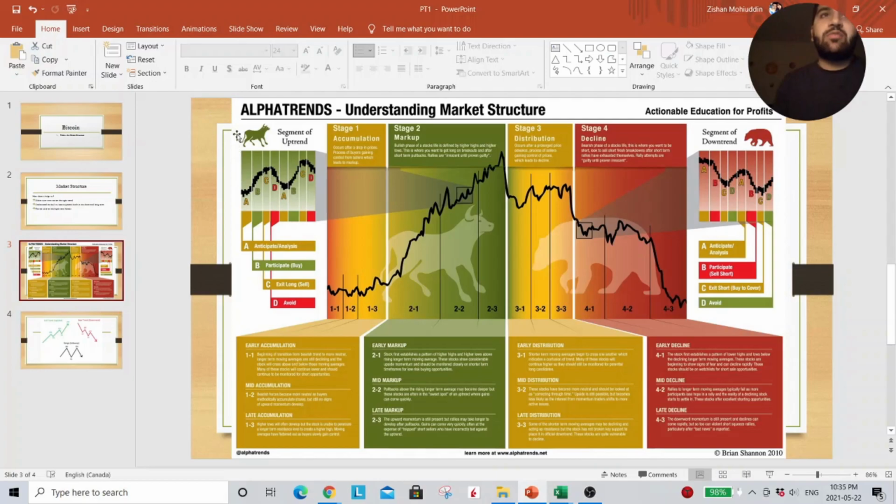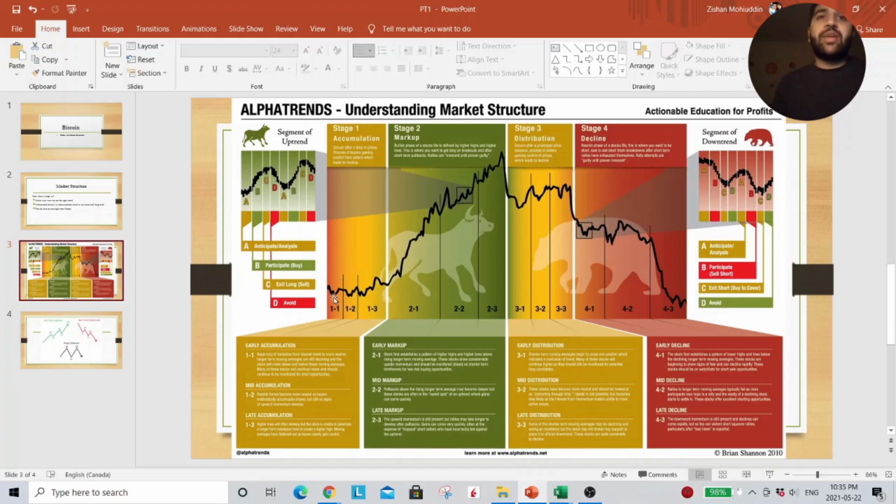So on the left here, guys, we have a segment of the uptrend, and it's broken down in these phases: the anticipation, the participation, the exit, and then the avoid areas. So stage one is the accumulation. And you're going to notice we aren't making any significant higher highs or any lower lows as well.